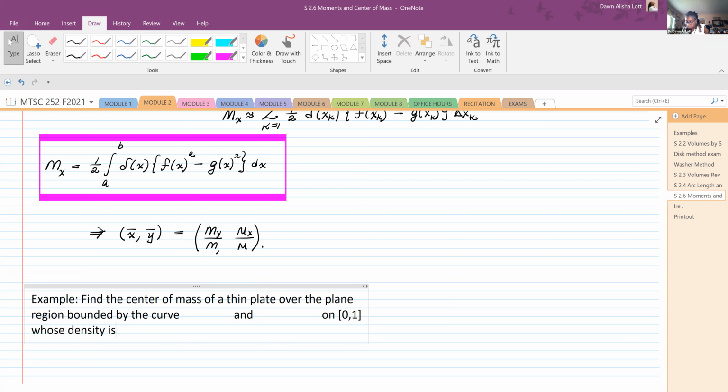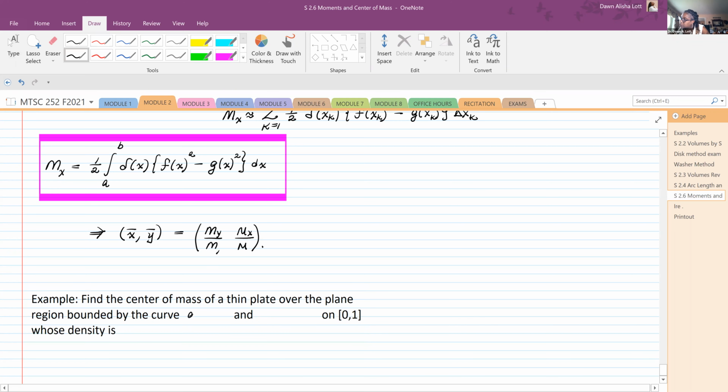Okay, so g of x, the bottom curve, is equal to x over 2. And f of x, the top curve, is the square root of x, and the density is x squared.